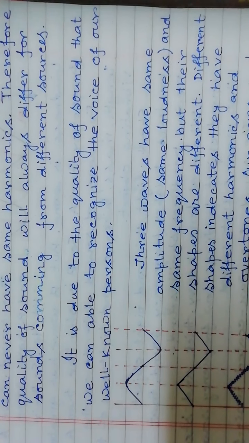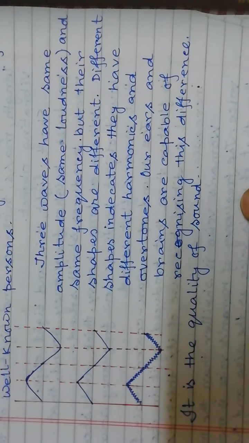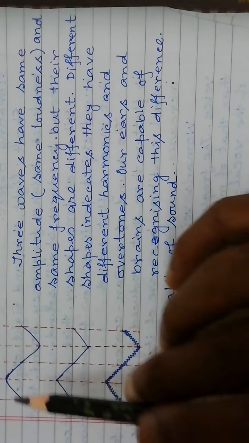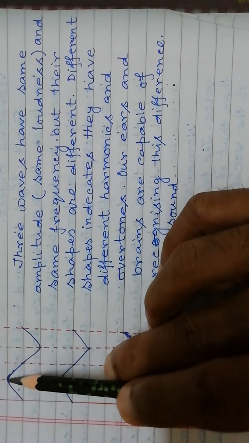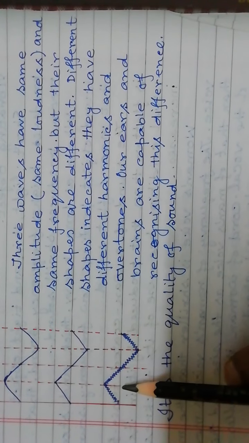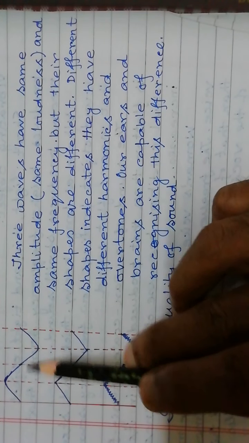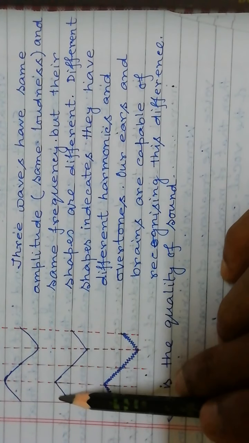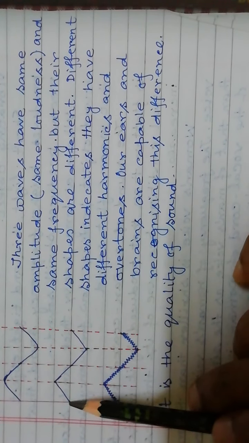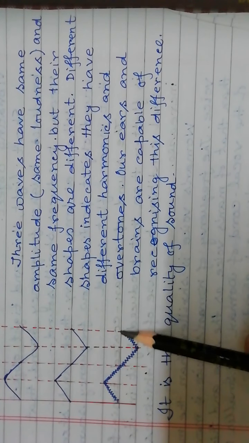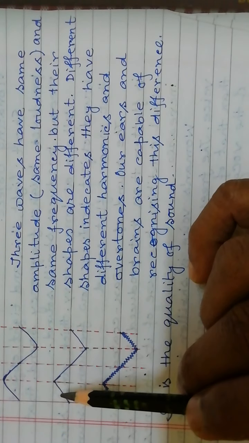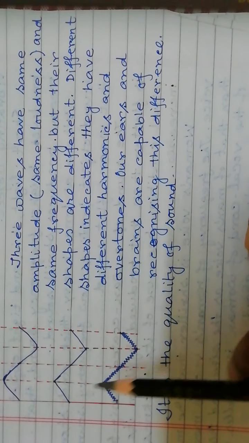Now take one example, a graphical representation. Here are three waves. All of them have the same amplitude. That means they have the same loudness, and also their frequency is the same, that is, within the same length all have one wave, so the pitch of the sound is the same, but the shapes of the waves are not the same.